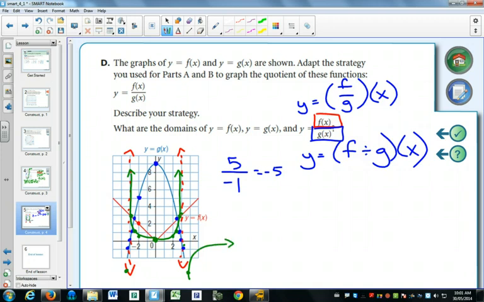I'm going to show you what this graph looks like at this point. The reason, and it actually has an asymptote here, and some of the ideas that we can see for this.